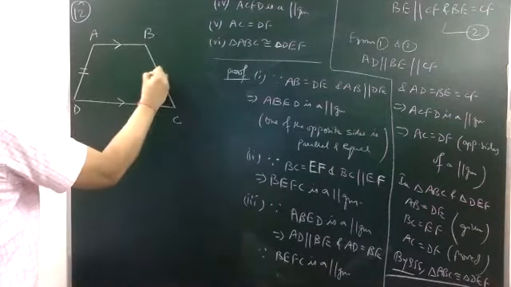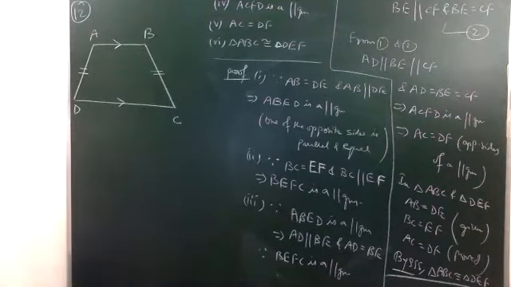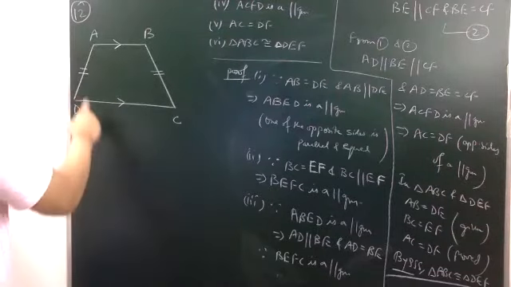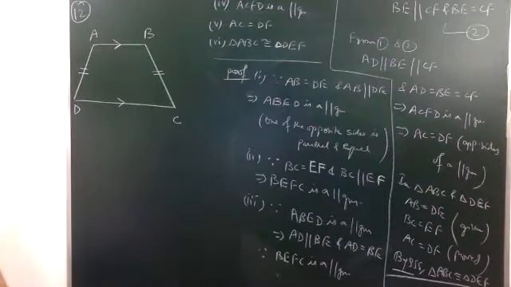This is equal to this. Show that angle A is equal to angle B. We have to show that these two angles are equal. Angle C is equal to angle D, and triangle ABC is congruent to triangle BAD. Diagonal AC is equal to BD.